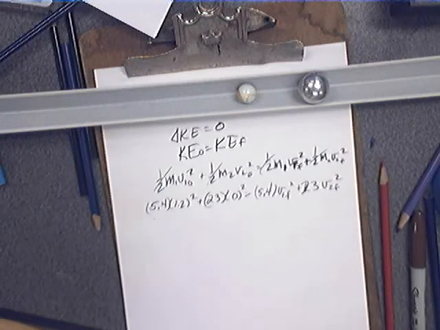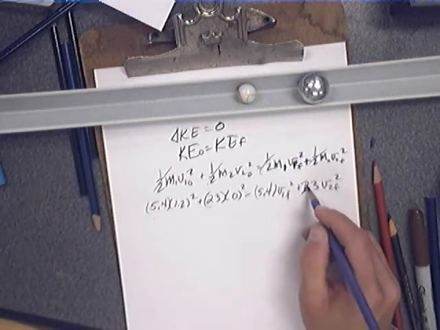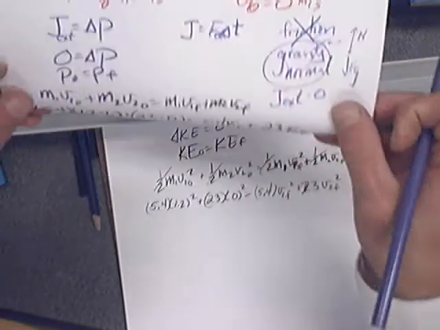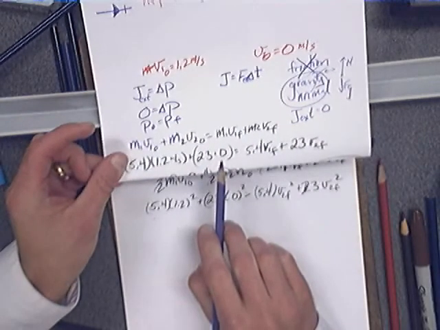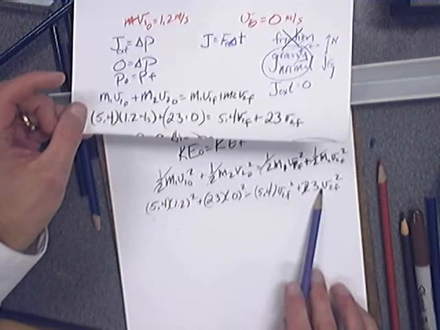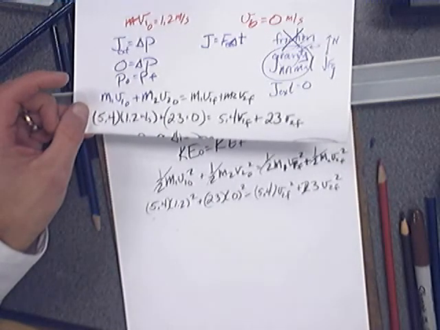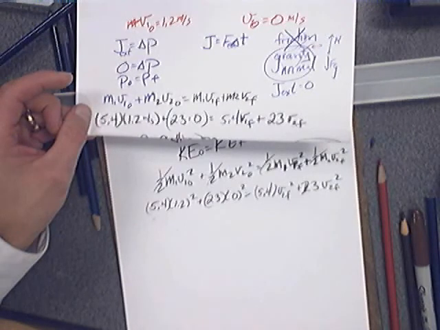I now have 2 equations and 2 unknowns: the momentum equation and the kinetic energy equation. Now we can solve. I think you can solve it yourself. See you tomorrow.